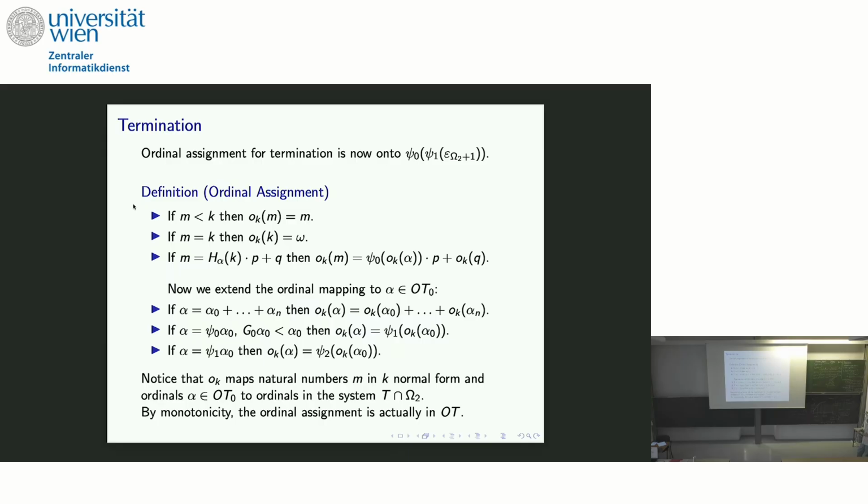Now, we again come here to the same problem. This ordinal assignment is mapping natural numbers from k normal forms to ordinals which are not necessarily well-founded. And I still need to check monotonicity and normal form preservation to show that the ordinal assignment actually gives me ordinals that are well-founded.